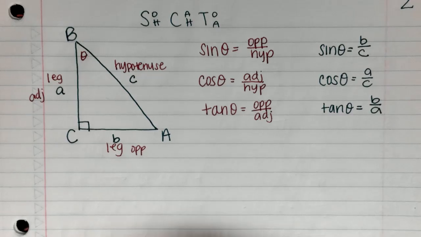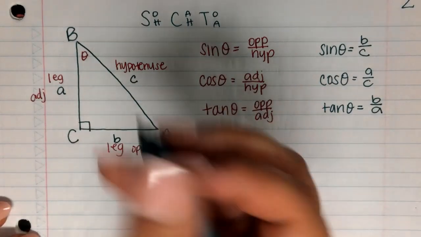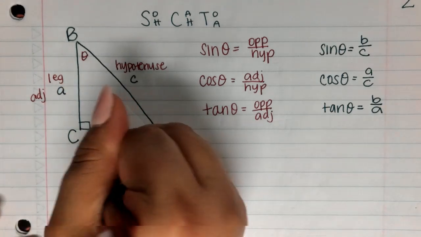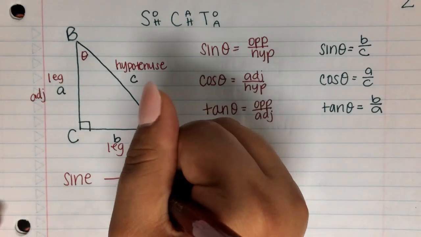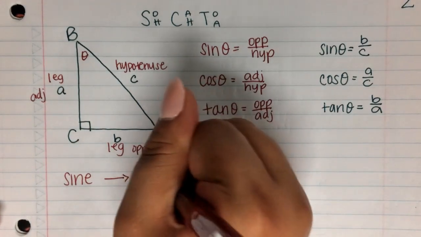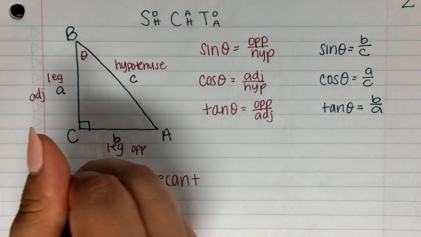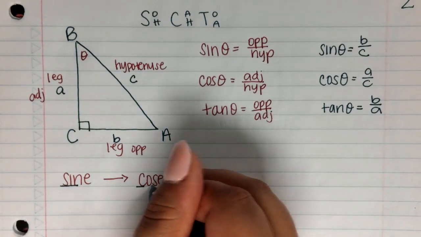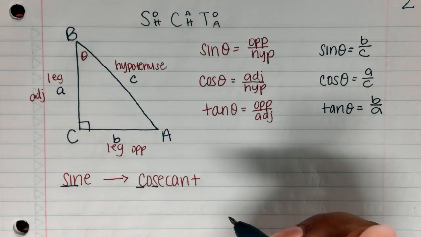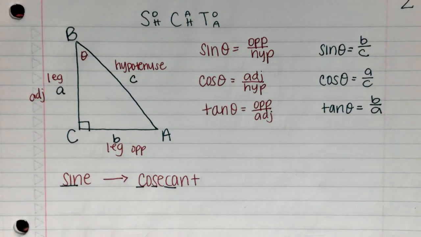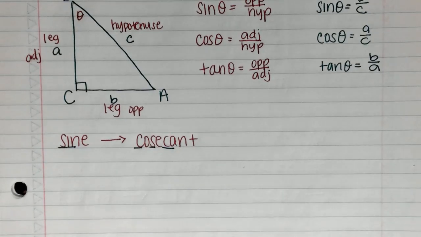So the reciprocal of sine is called cosecant. And to write cosecant, do y'all agree we're not going to write cos, because that's cosine? So cosecant is CSC.